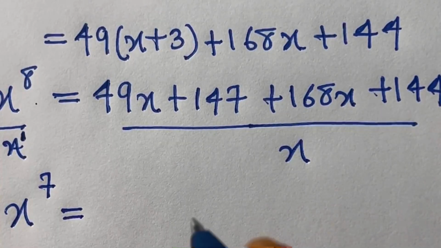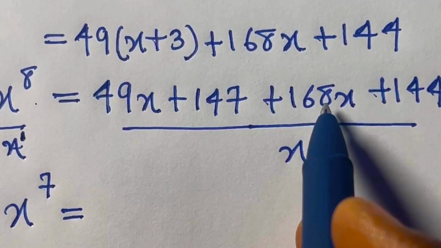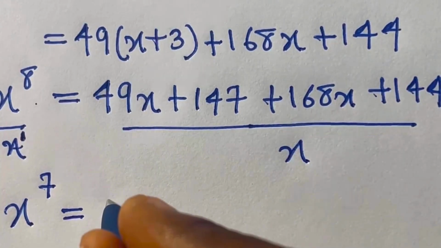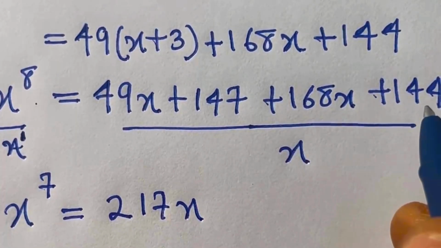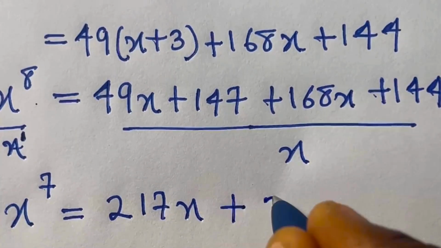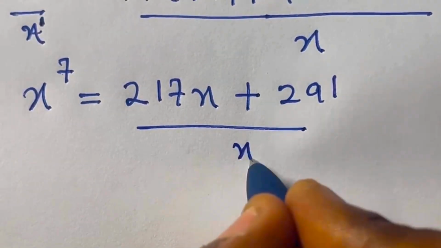So now what we are going to do is add the like terms here. 49x plus 168x will give us 217x. Then 147 plus 144 will give us 291. This divided by x.